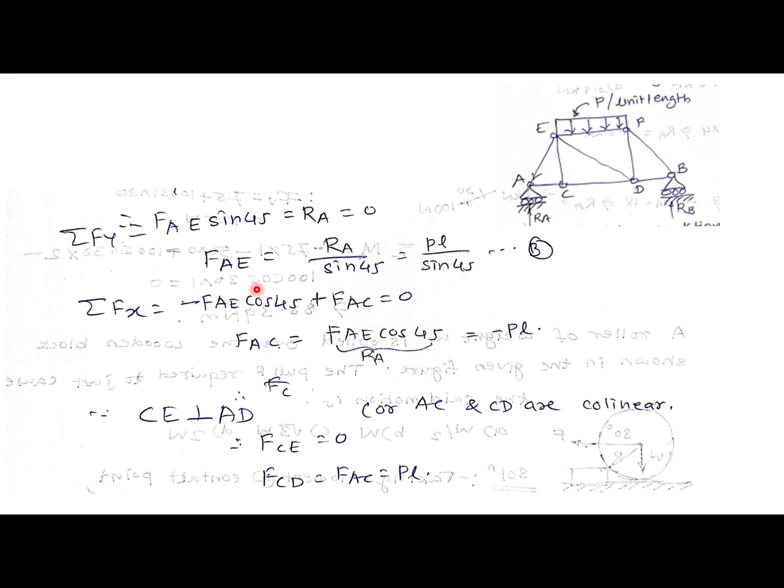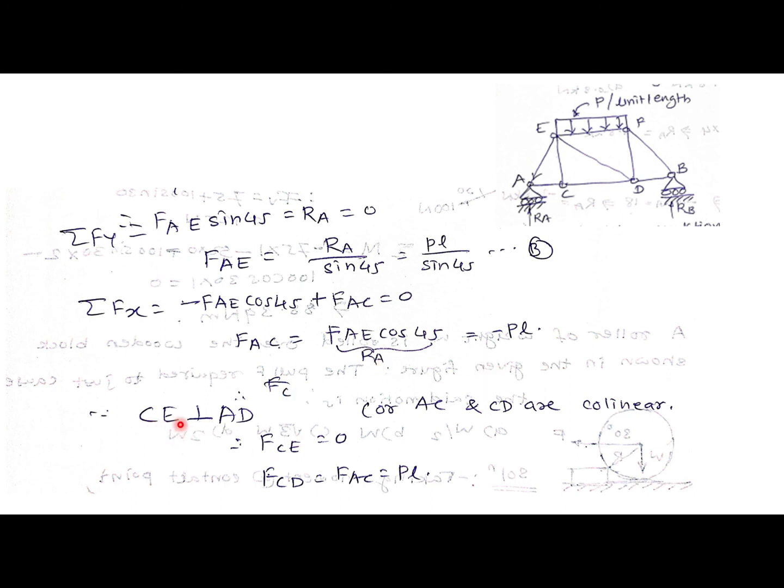Now, writing the summation of all the forces in the horizontal direction and applying the conditions of equilibrium, we get the force in member AC as minus PL. Now replacing this value from equation number 1, we get the value PL.